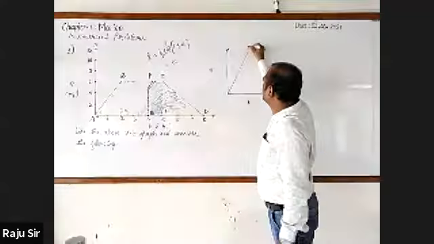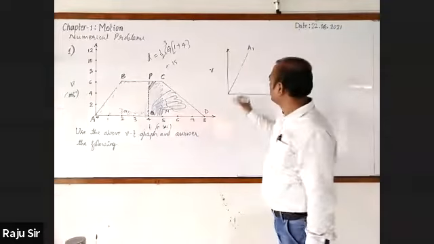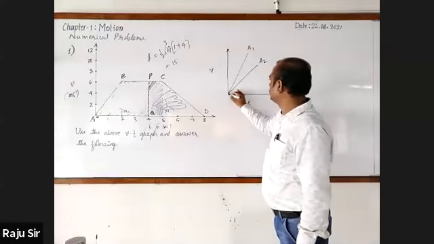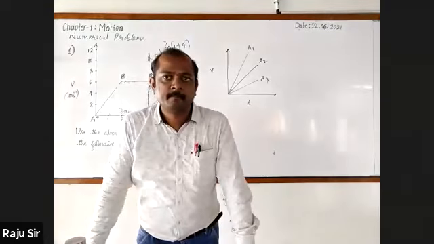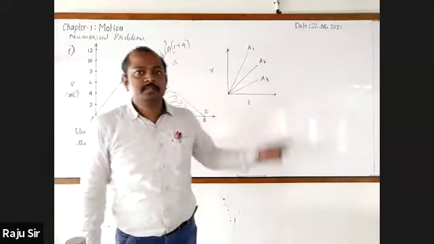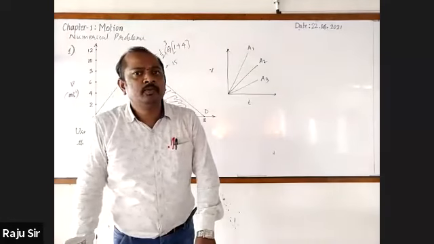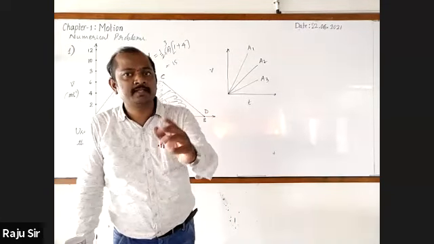I take this as A1. Second one, uniform acceleration, A2. Third one, uniform acceleration, A3.